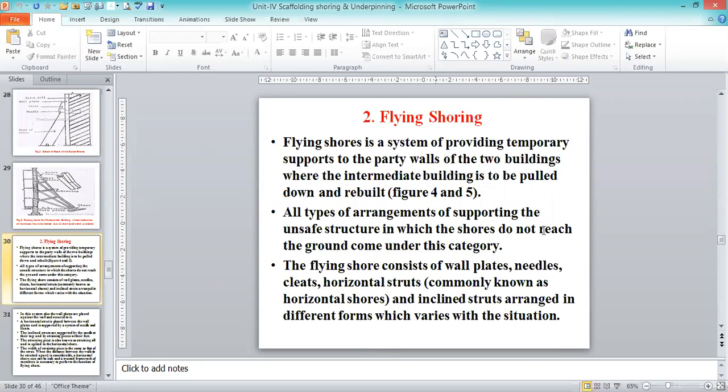All types of arrangement of supporting an unsafe structure in which the shores do not reach the ground come under this category. The flying shore consists of wall plates, needles, cleats, horizontal struts commonly known as horizontal shores, which is an additional member we do not use in the racking shore, and inclined struts arranged in different forms that vary with the situation.